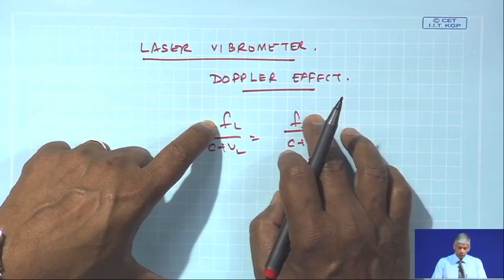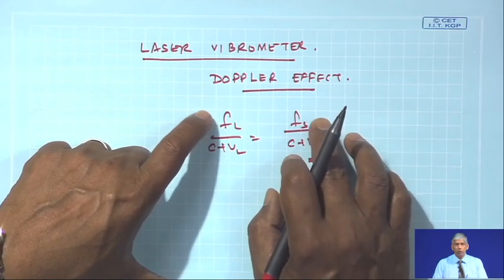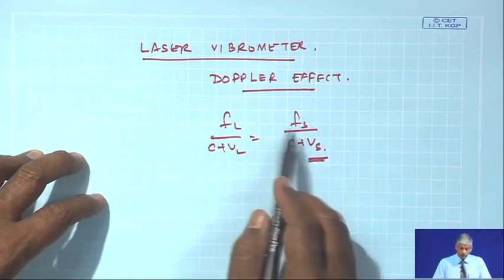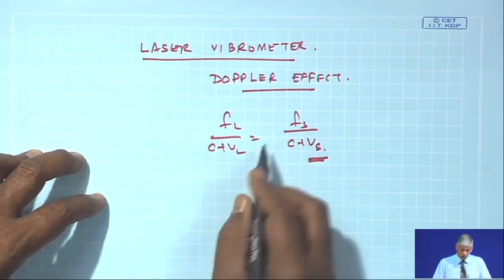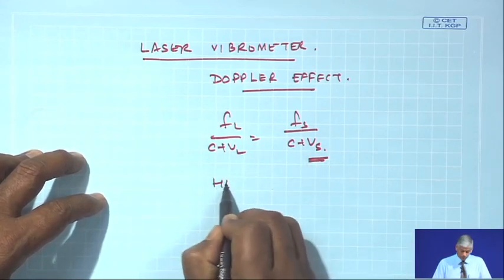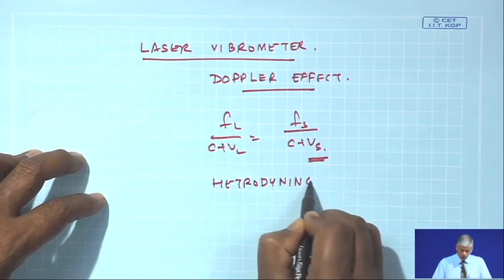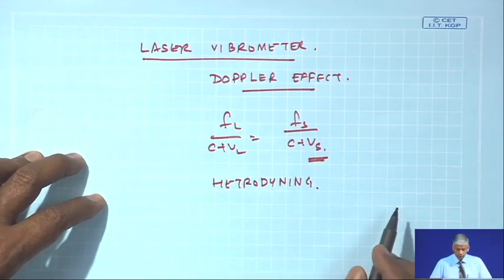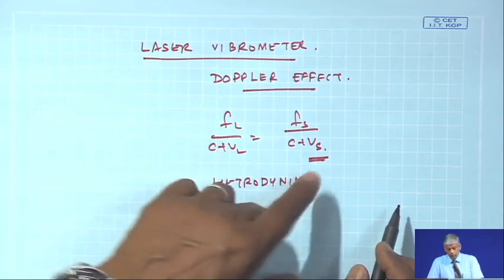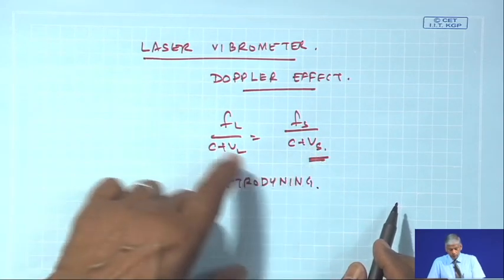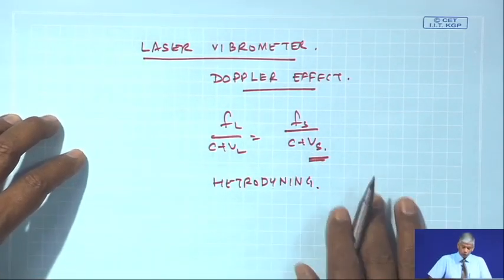So, conventional FFT will not work. So, I can use signal heterodyning, an optical heterodyner, to find out. If one is known, I can find out the other. That is known as the Doppler shift frequency.